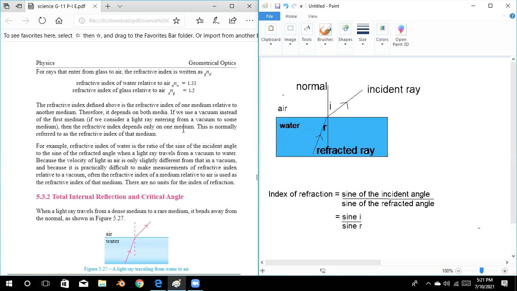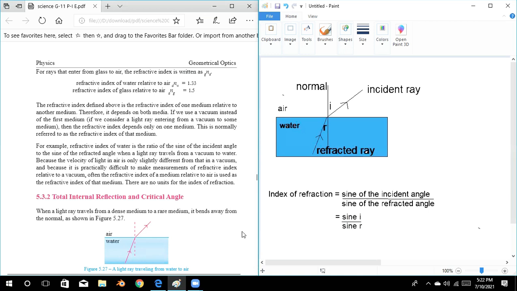It is normally referred to as the refractive index of that medium, right?